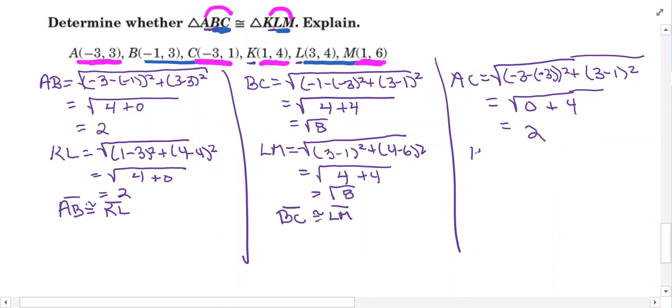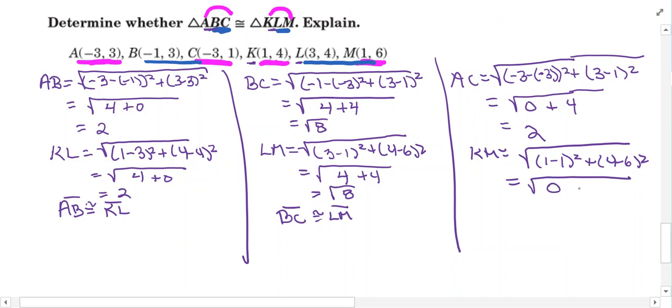Then we need KM. 1 minus 1 squared plus 4 minus 6 squared, which will give us 0 squared, which is 0, -2 squared, which is 4, which gives us 2.